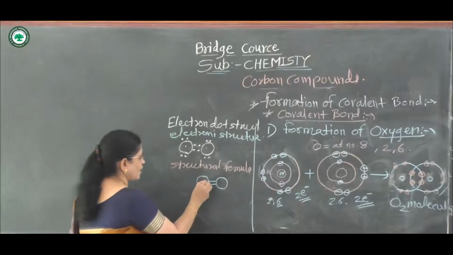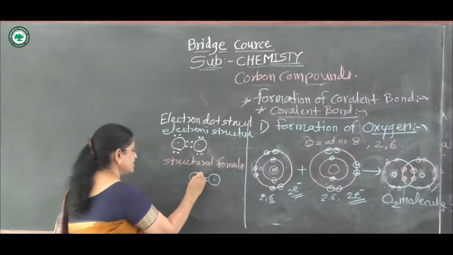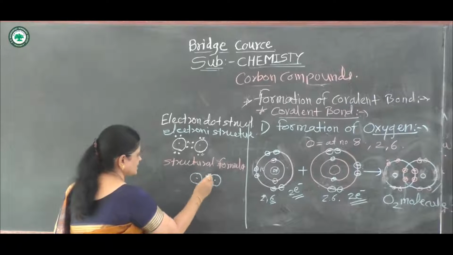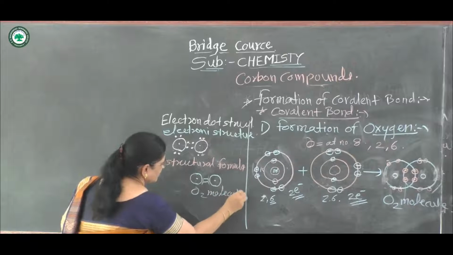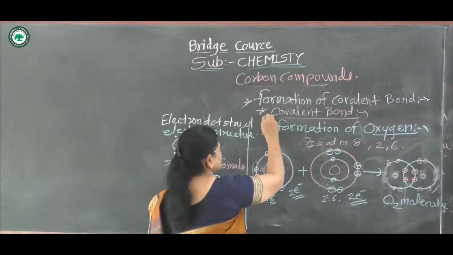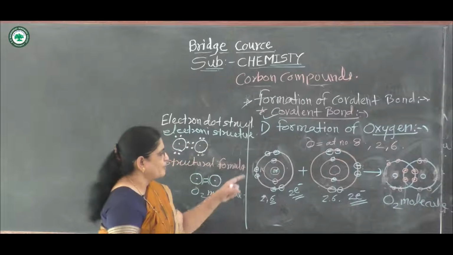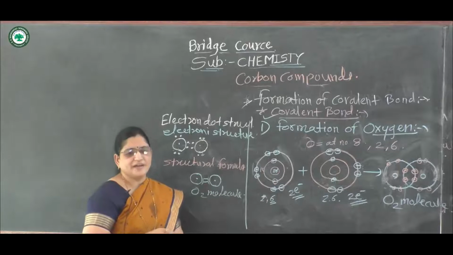In this way, between the two oxygen atoms there is an oxygen-oxygen double bond. This is called the oxygen molecule. That means by covalent bonding it forms a double bond by sharing two electron pairs of each oxygen atom.